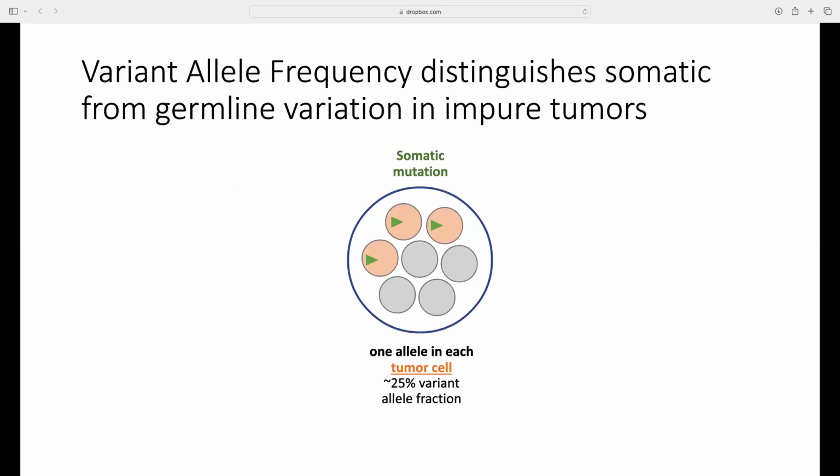The basic idea is that when we look at a tissue biopsy, what we're actually observing is a clump, a collection of cells that is a mixture of malignant cells, these tumor cells in orange here, which contain somatic mutations, and then also just healthy cells from the stroma and microenvironment and the blood and the other tissue around the tumor, which do not contain the somatic mutation.